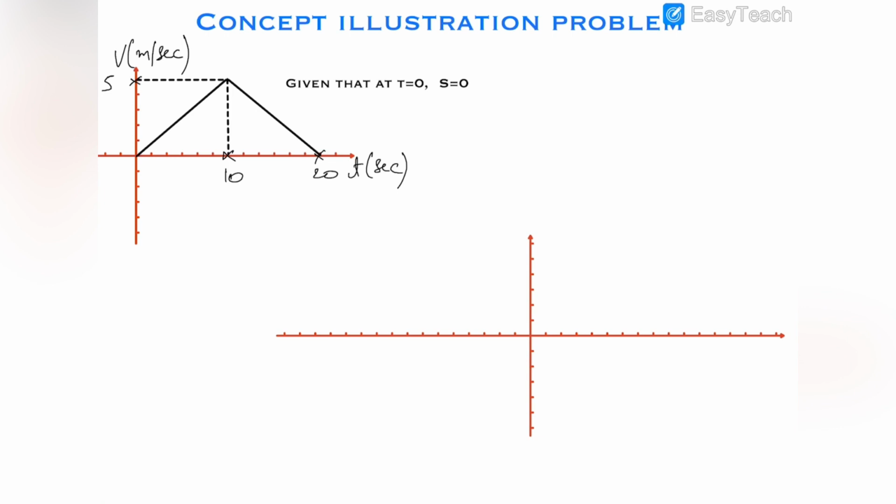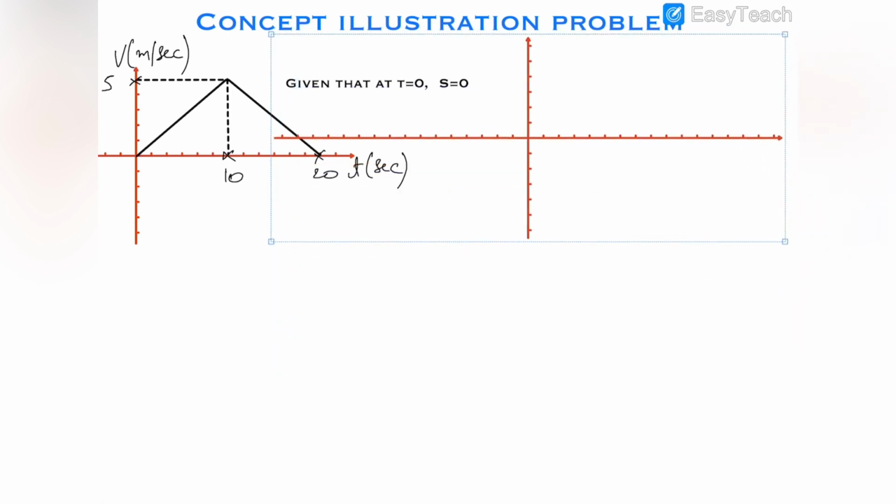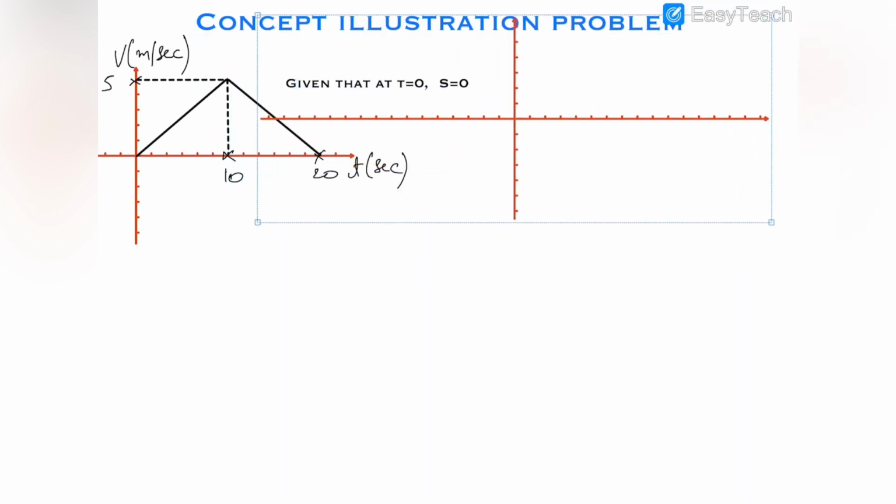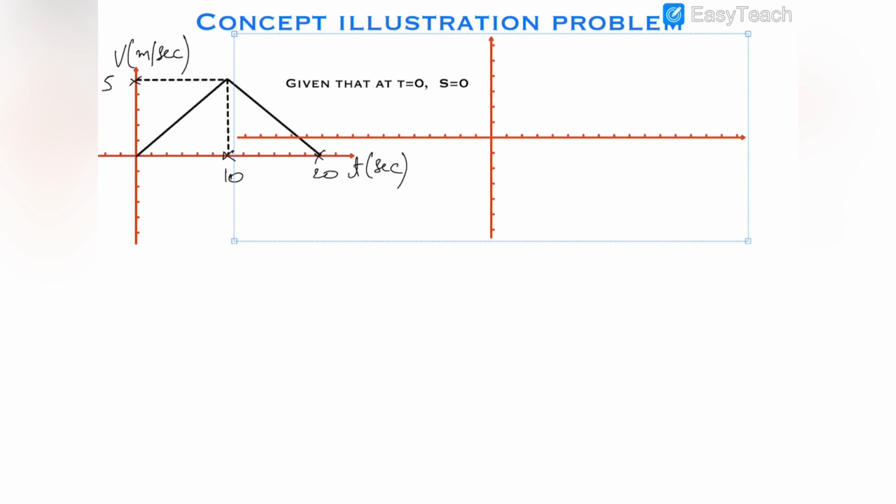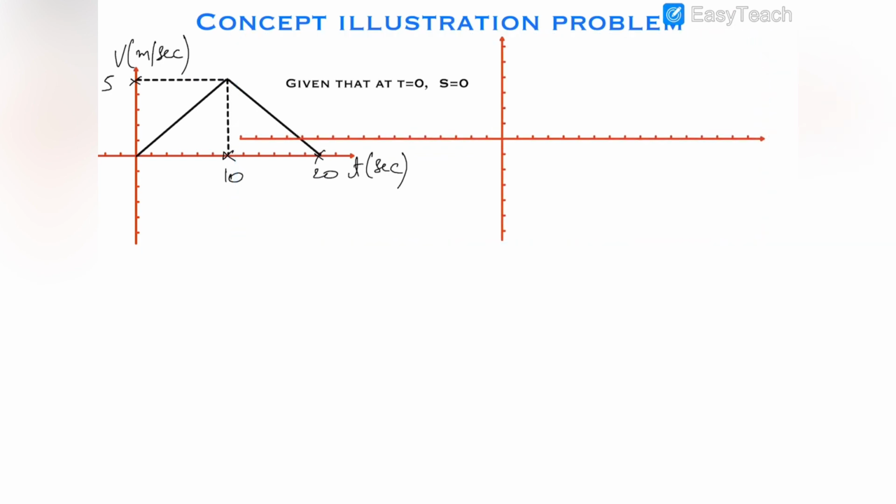So let us draw the time axis. And this is displacement taken in meters and this is time taken in seconds.